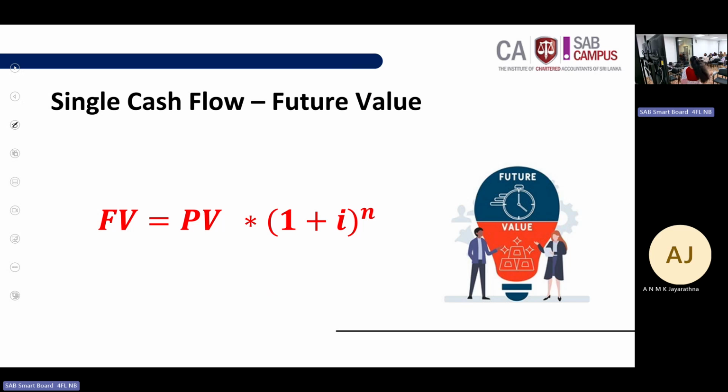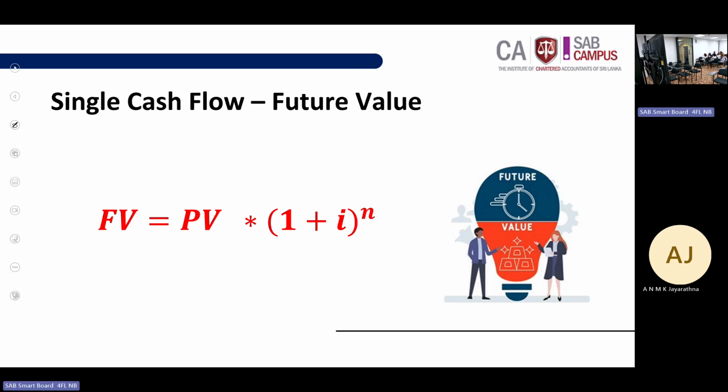Okay, now when we are discussing compound interest, we have to consider 3 types of cash flows. The first one is single cash flow, CF meaning cash flow.